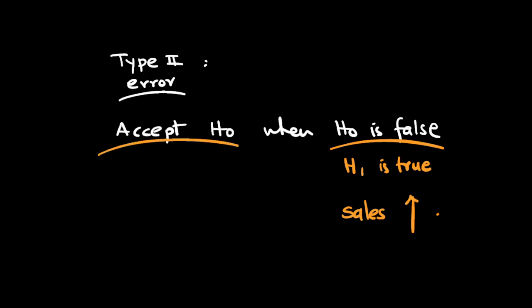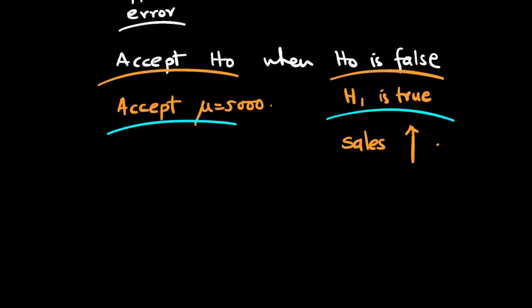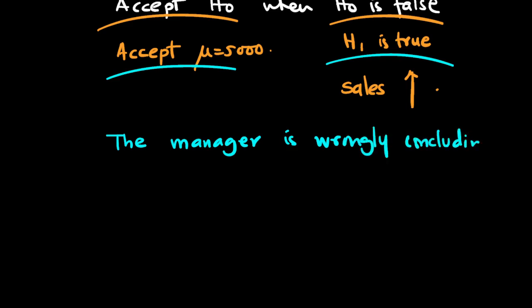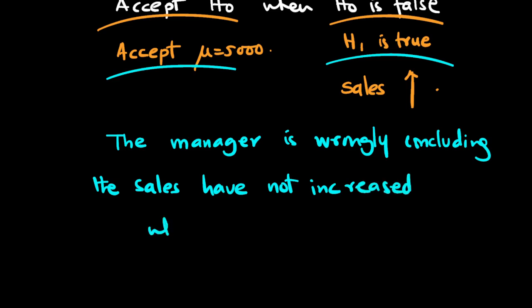We are accepting the fact that the value of mu is still 5000. Now let's join the two statements. What is the reality? The sales have increased. So let's write it from the manager's perspective. The manager is wrongly concluding that the sales are still the same, or the sales have not increased, which in fact is not true.